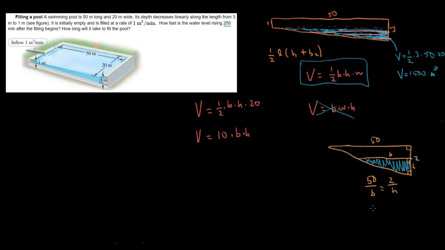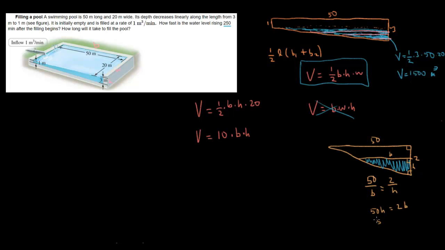So by cross multiplying, 50H equals 2B. Now, I want to write my equation for volume in terms of height only, because that's what I'm looking for. I'm looking for how height is changing. So I'm going to solve this for B so I can write this in terms of H only.